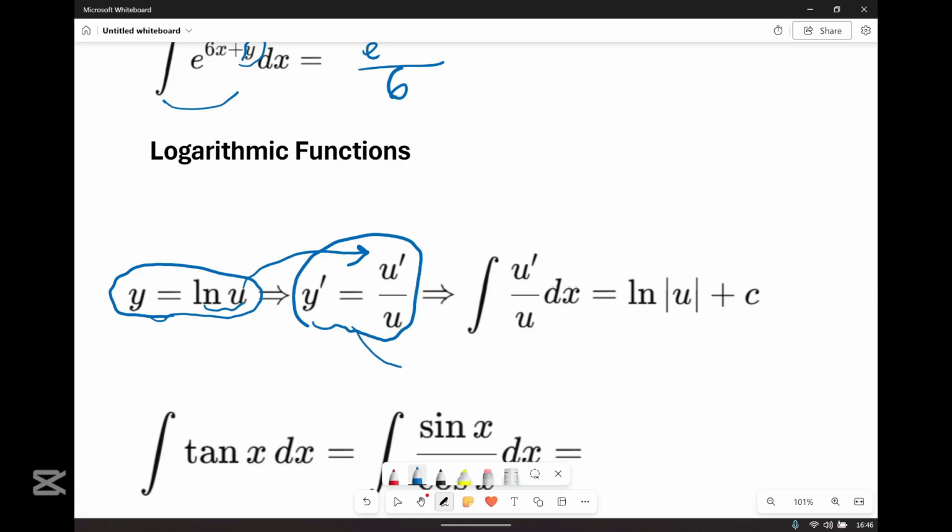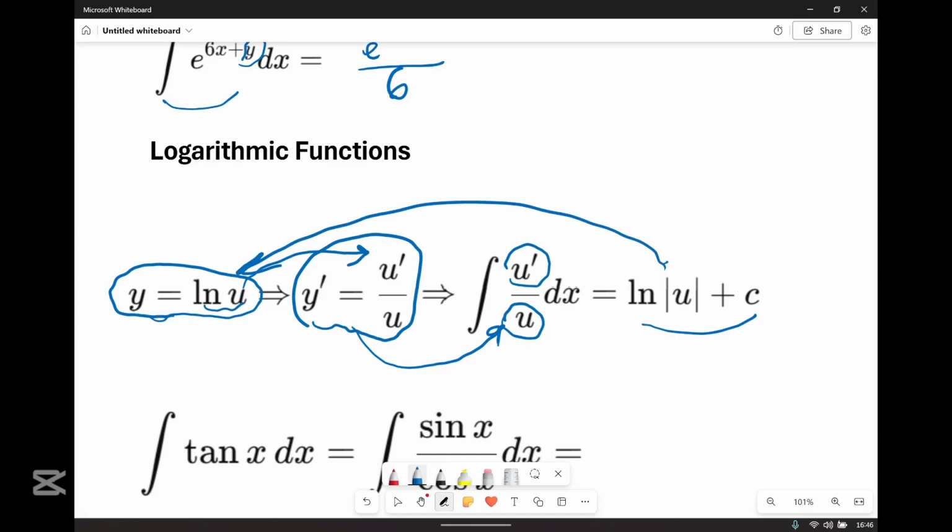Therefore, if exactly you are given this, u prime divided by u dx is exactly ln of u plus c, because they are inverses, and sometimes you take a derivative and after that you take the integration of this derivative and you come back to your initial function.